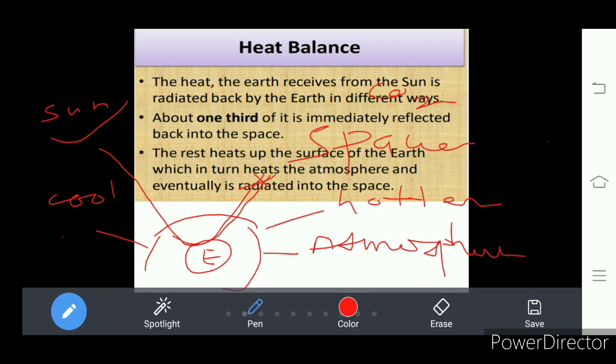That means the increased carbon dioxide doesn't allow the heat to be radiated into space by the earth, so that the heat increases much more on the earth. Then that results in increasing temperature on the earth, what we call global warming.